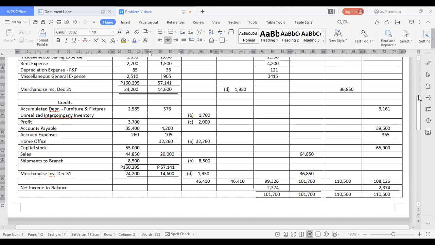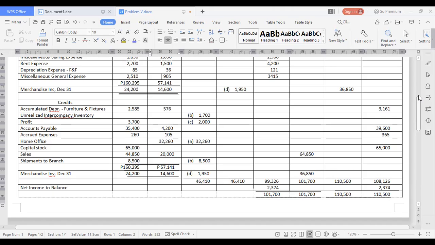So that makes it 2,585. Then for that of the branch, initially it was 540. And in our adjusting entry, we credited 36 to accumulated depreciation. So it's 576. Then we have the account unrealized intercompany inventory profit, initially with a credit of 3,700.